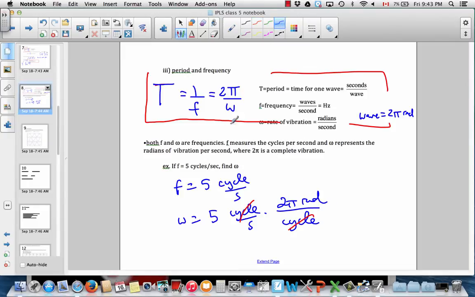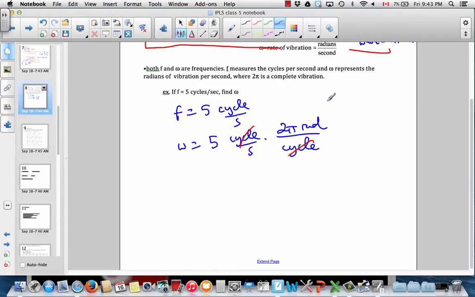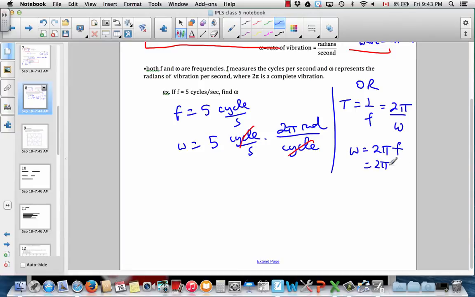That's really what this relationship is telling us. So we could say, or, since period is reciprocal frequency is 2 pi over omega, the rate of vibration, you could solve for omega just by cross-multiplying here. And you get 2 pi times f. So that would be 2 pi radians times the 5 cycles per second.